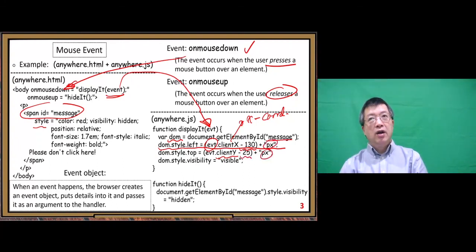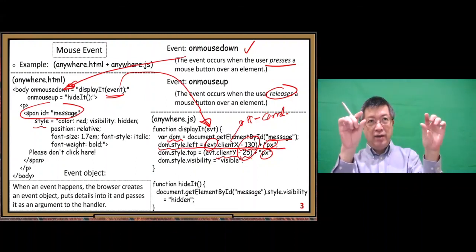How do you know you need to subtract these two numbers? Nothing special. You just do a lot of experiments. Which value feels best, the most natural way to put that message?